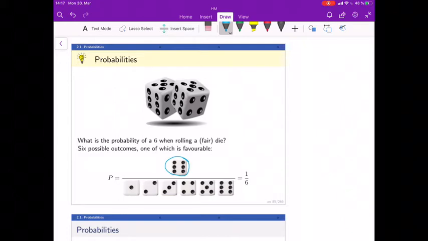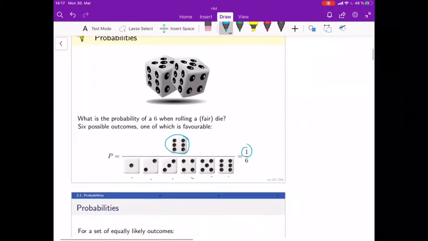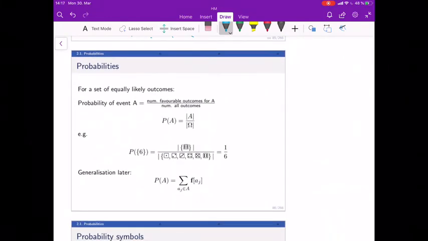In total there are 1, 2, 3, 4, 5, 6 different outcomes. So probability is one favorable outcome divided by all the outcomes: 1/6.